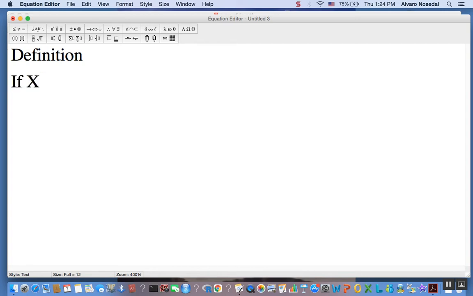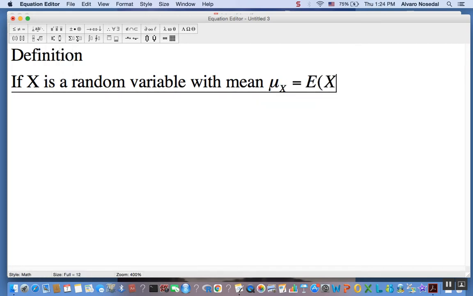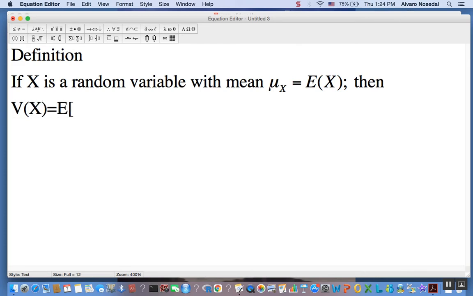So if x is a random variable with mean, let me use the notation mu sub x, and that only represents the expected value of the random variable x, then the variance, as you recall, is just a special expected value.